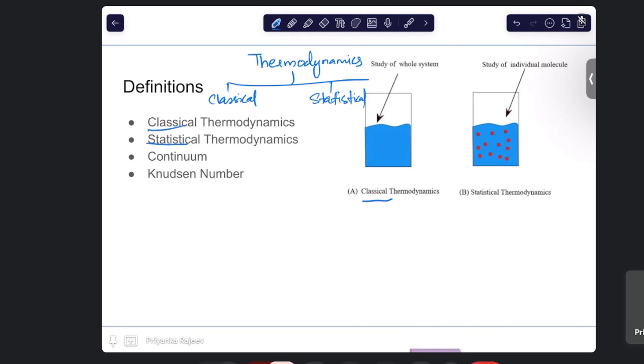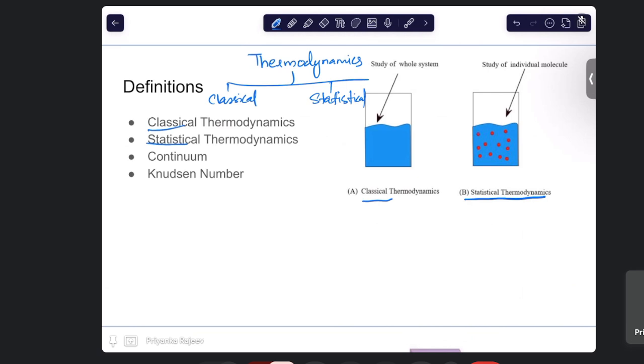In statistical thermodynamics, you are in a place where you can see these molecules colliding with each other or with the wall of the container, how they are interacting, and what velocity they are moving with across the container.